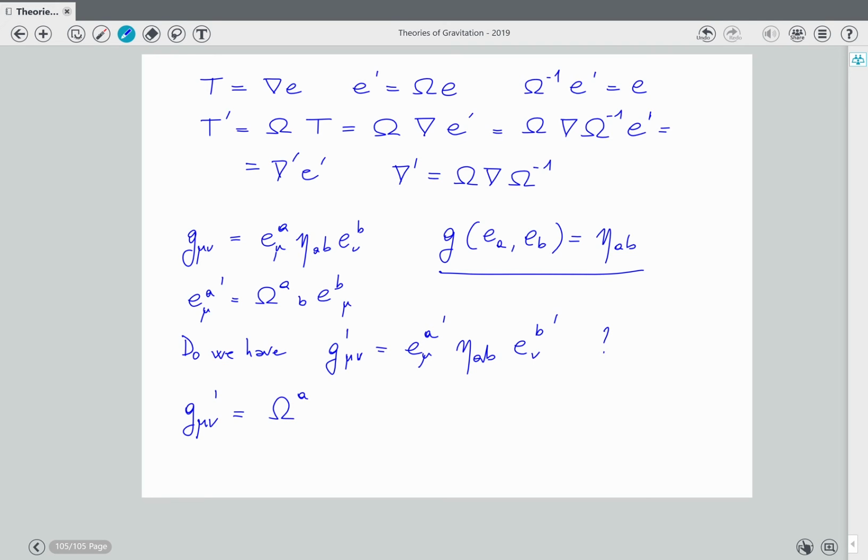Omega A B e^B mu and eta, well, it's better to change the name of the indices here, A B, omega B D e^D nu.